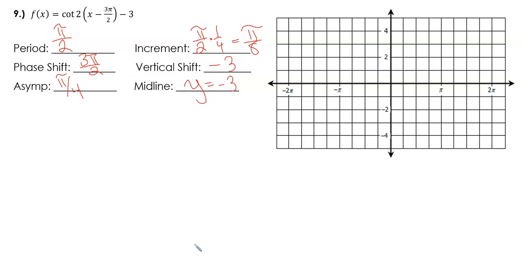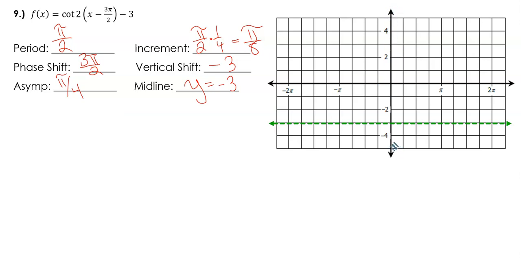All right, so where we want to start, again, we're going to get that midline value in there at y equals negative 3. So we're going to come down here to negative 3, and there's my midline. Then we want to start cotangent with our asymptotes because it makes life easier. My first asymptote with cotangent usually starts on the 0.